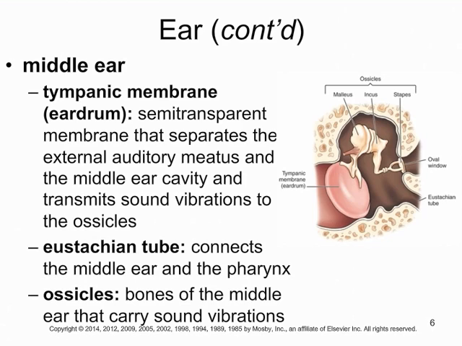These 3 tiny bones are the smallest bones in your body, and again I'll get into them in the next slide. Also mentioned here is the tube that connects the middle ear to the pharynx. So this tiny Eustachian tube is a small tube leading to the throat area with the purpose of equalizing pressure.